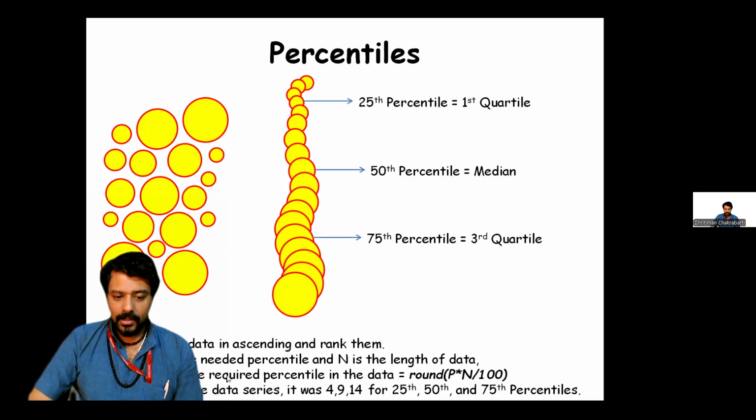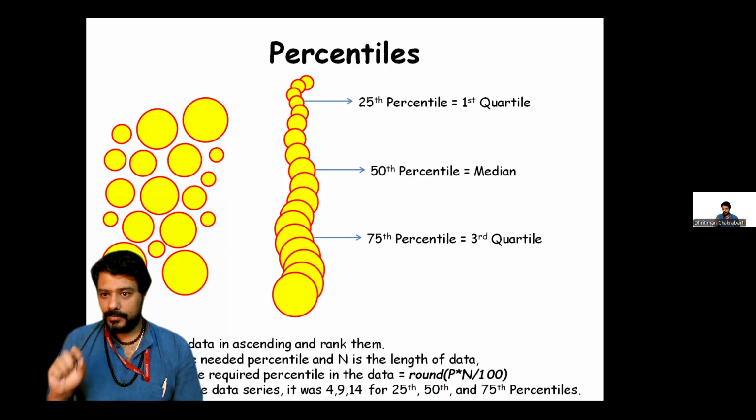Then the rank of the required percentile is rounded P into N. That is, here it is 25 into 18 divided by 100. When we do that, then the rank will come out to be 4. And what is the fourth number? This is the fourth number, and whatever this fourth number is, this becomes your 25th percentile.